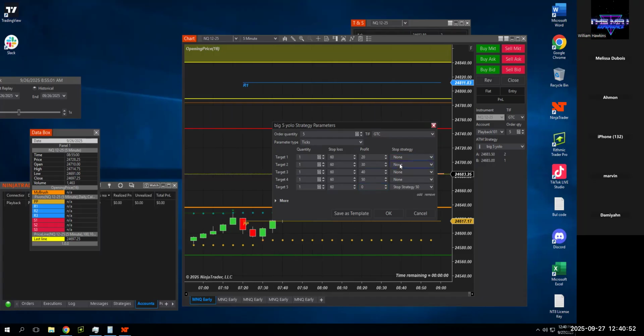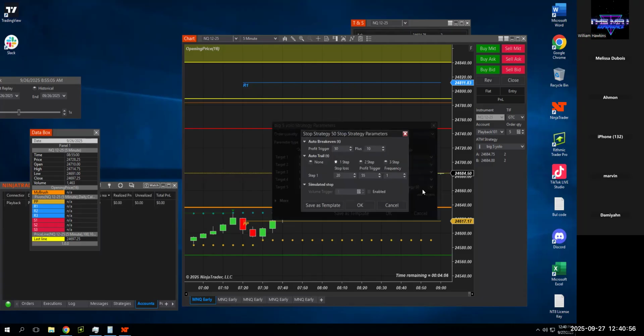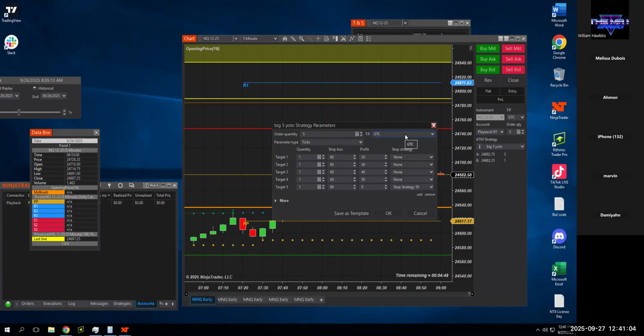It's the only one that follows behind because there's no target on it. If the bottom just falls out, it's going to continue making money on that one contract until I decide to get out or it turns around and takes me out in profit.